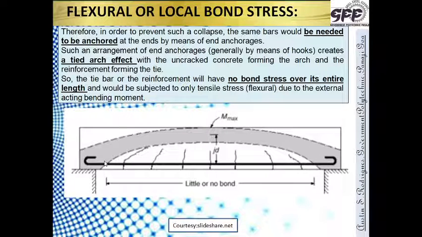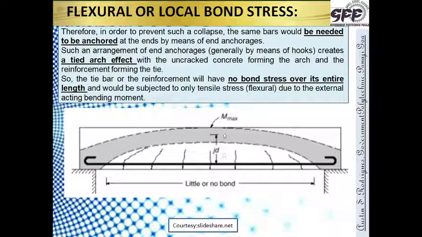So the tie bar of the reinforcement has no bond stress over its entire length, and it is subjected to only tensile stress, that is flexural stress due to the externally acting bending moment. There is no bond stress, so whatever bending moment is there is being taken care of by this reinforcement, by that lever arm into whatever force it is taking.